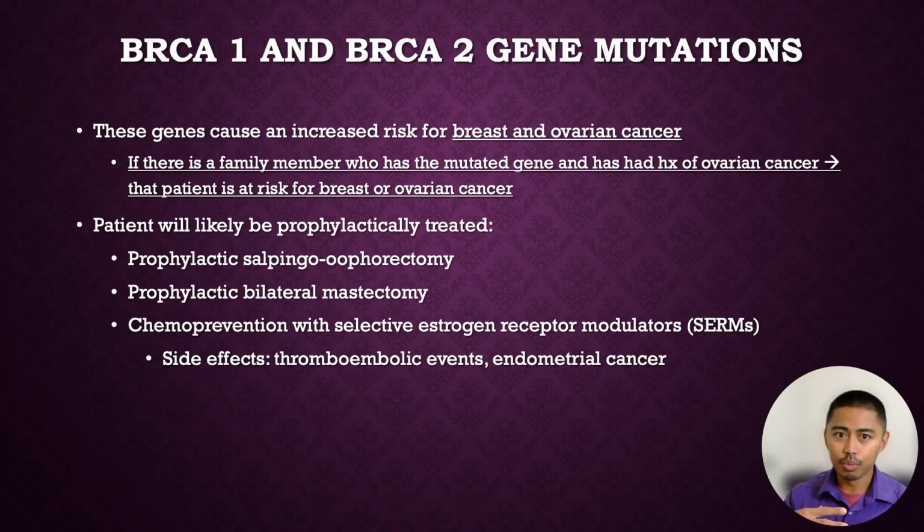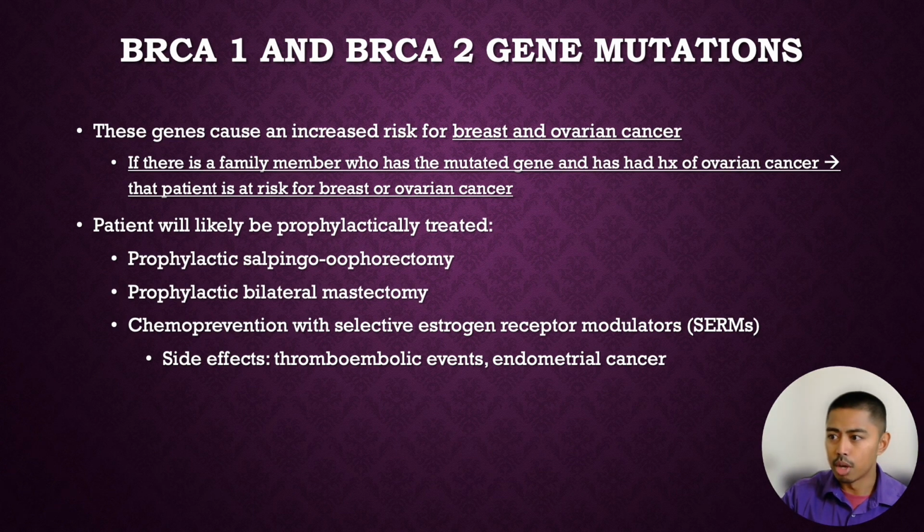BRCA1, BRCA2. BRCA1 and BRCA2 are essentially tumor suppression genes, and they're responsible for DNA repair. So when these genes mutate, they create instability in your breast cells. And of course, this instability is going to increase your susceptibility to breast and ovarian cancer.